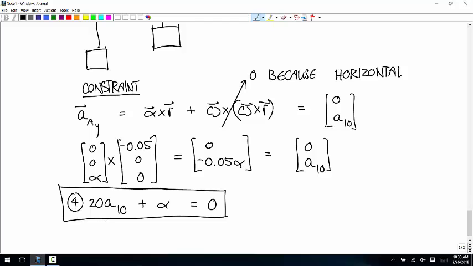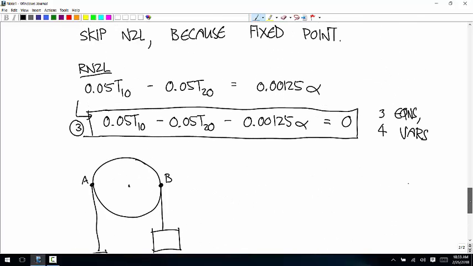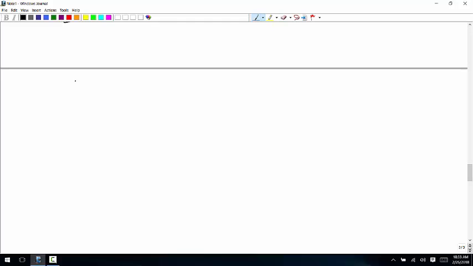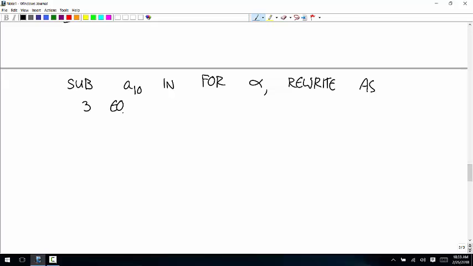Okay, so now let's substitute this equation into equation 3, and I'll rewrite. I'm going to make one substitution. I'm going to sub A10 in for alpha, and rewrite this as a system of 3 equations for 3 variables.